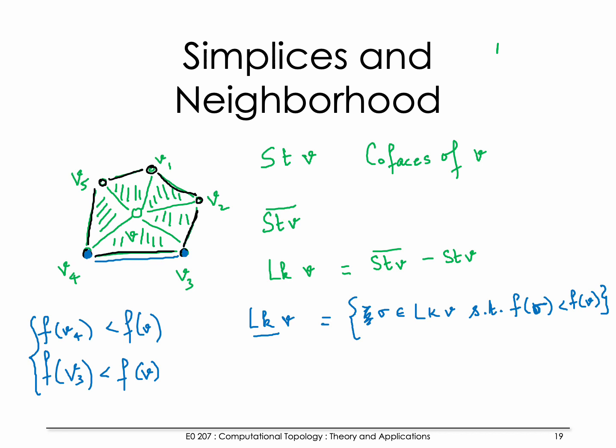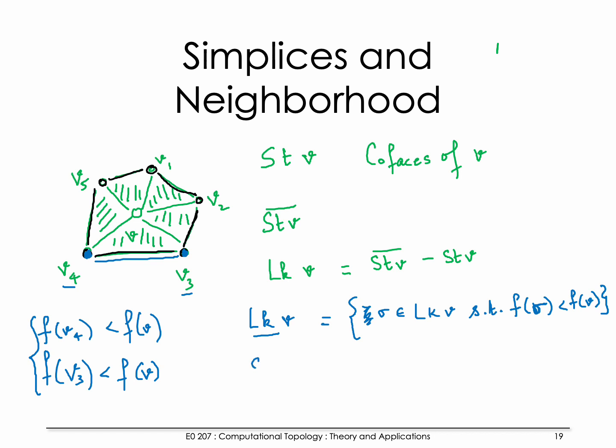So if f at V4 is less than f at V and f at V3 is less than f at V, we know that if it is linearly interpolated along the edge V4V3, then f along V4V3 should also be less than f at V. So this is how we define the lower link.